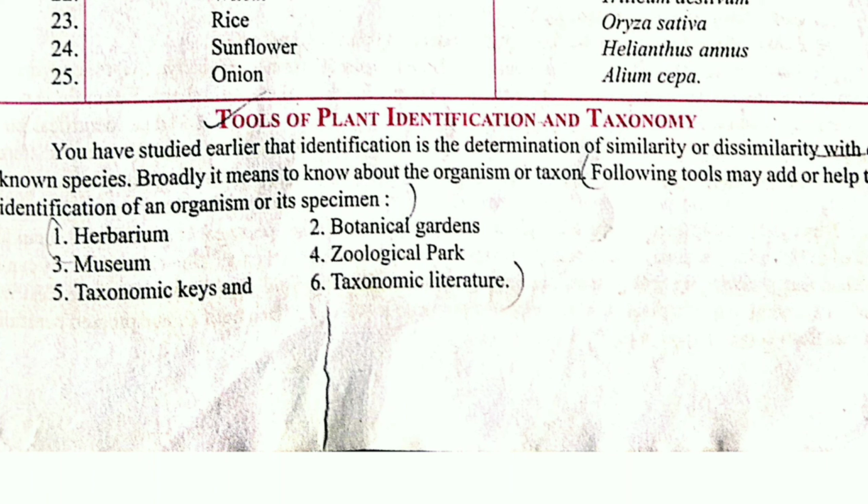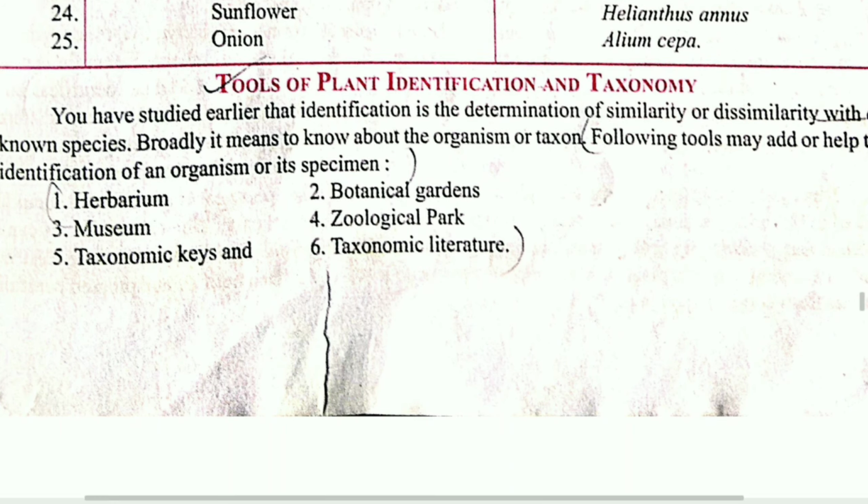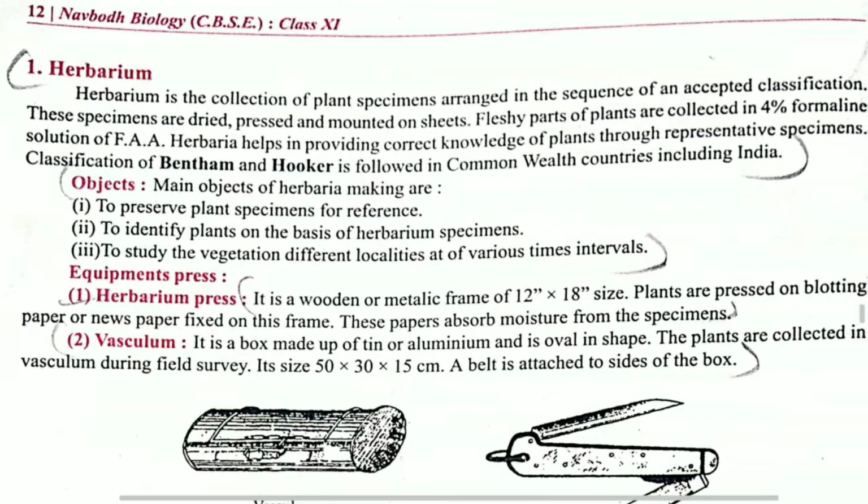The third one is the museum, where we store fossil fuels along with other living fossils also. Then the zoological park, where both animals and plants are conserved. Taxonomy key, certain taxonomic words we are going to study here. Then taxonomy literature: how to write the botanical name and the reasons for writing it, that we will see. The first one is your herbarium.